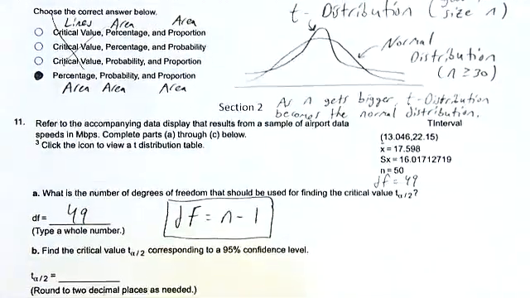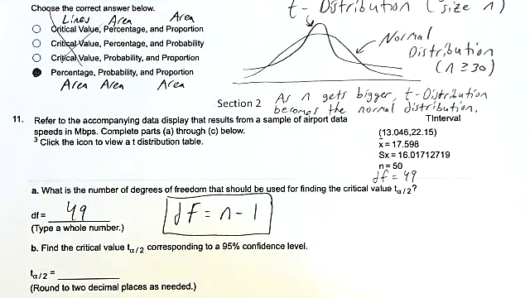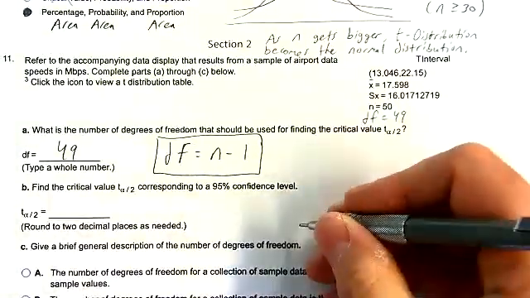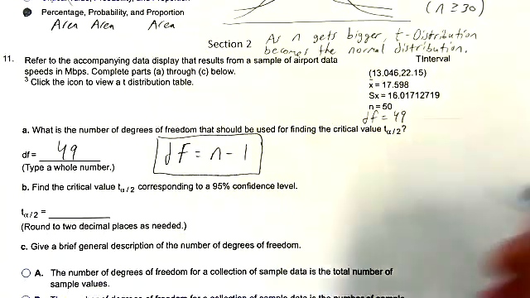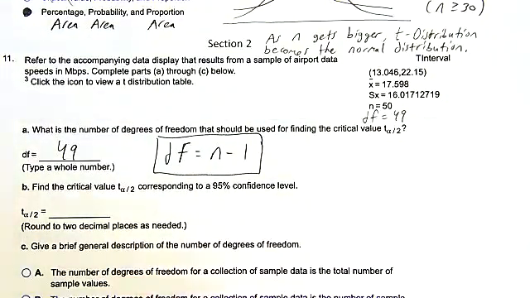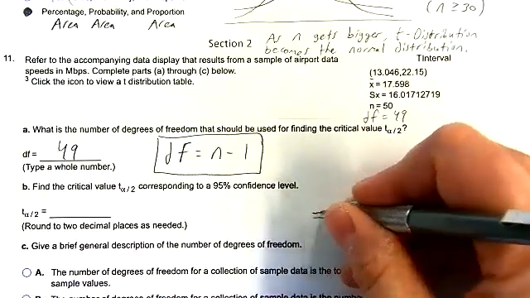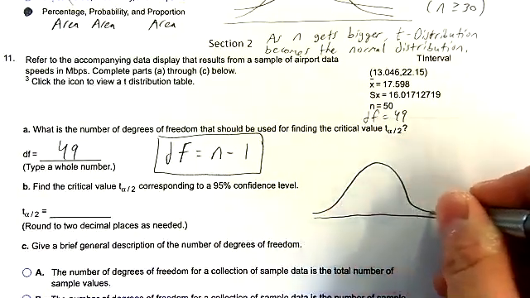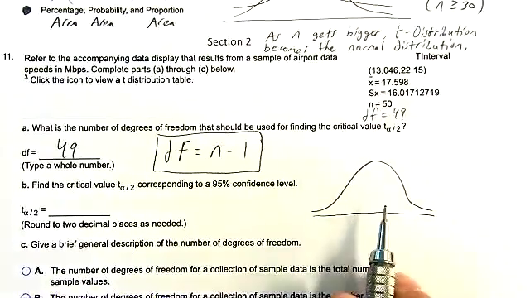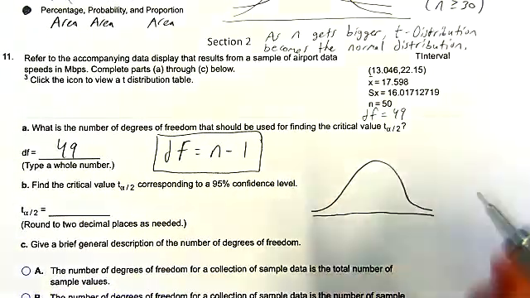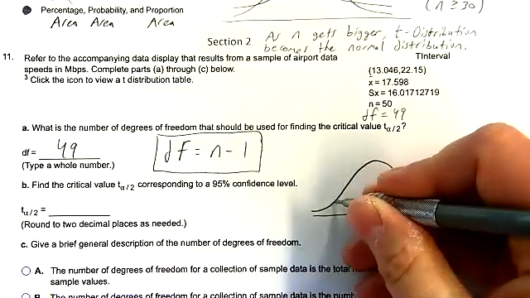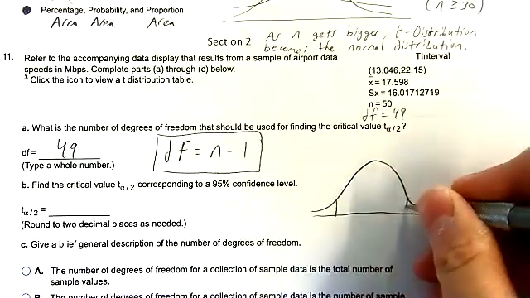Then it says find the critical value of T alpha over 2. If you recall, we had this alpha over 2 idea in the last class. Alpha over 2 is how much error you have in your confidence interval. I should probably have drawn that more like a T distribution, but it's fine. If I have a T distribution, I have 2 flags, one here and one here.